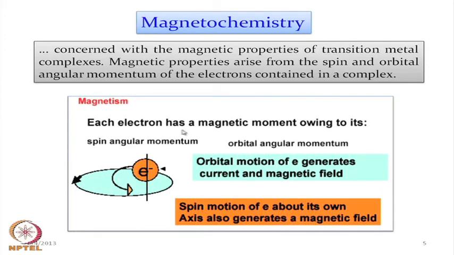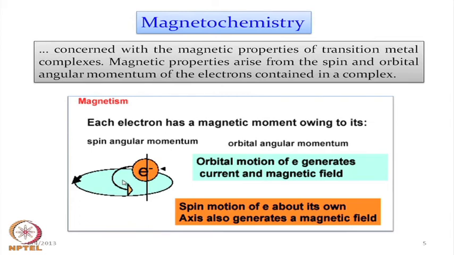So, each electron basically has a moment owing to its two angular momentum values. One is the spin angular momentum, which is basically the spinning around its own axis of the electron, and the second one is the orbital angular momentum, where the spinning electron also rotates around the central nucleus.